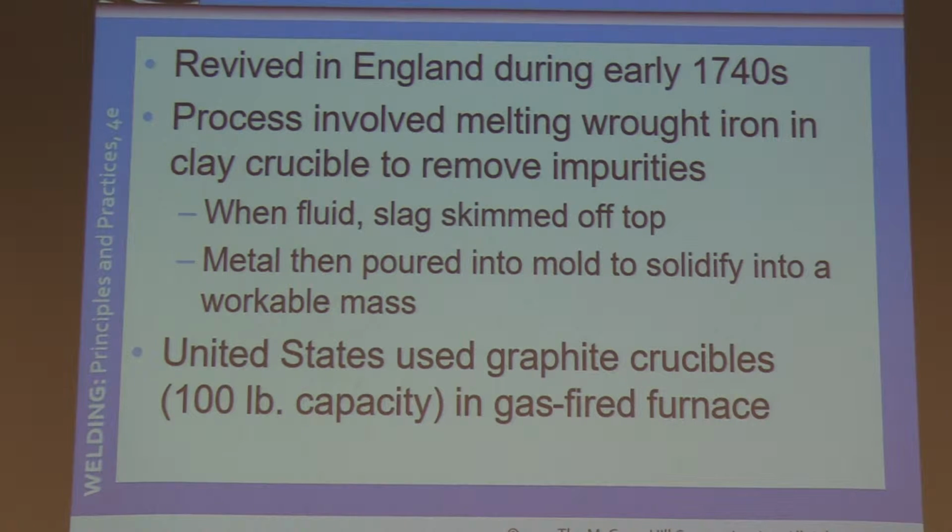While fluid, the slag was skimmed off the top. Then the metal was poured into a mold where it solidified into a mass that could be worked into the desired shape. In the United States, graphite crucibles with the capacity of about 100 pounds of metal were used in a gas-fired furnace. This process produced a steel of uniform quality that was free of slag and dust.